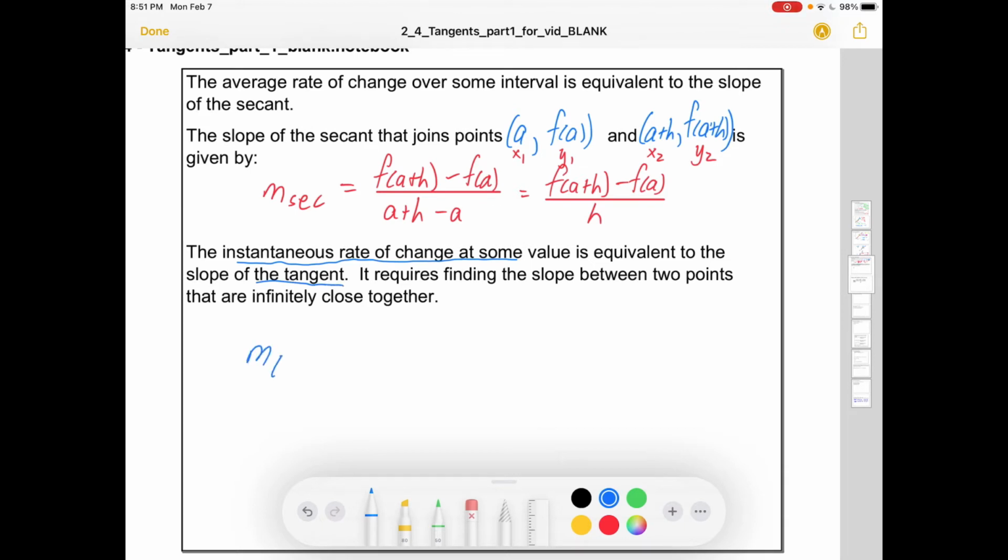If we want the slope of a tangent at x equals a, and we'll get better notation later, here's all we do. We say it's the same as the secant slope, but those two points need to be as close together as possible. h needs to be infinitely close to 0, or infinitesimally small. And that's really all there is to finding a tangent slope, is plugging in this little formula that is essentially grade 10 rise over run.